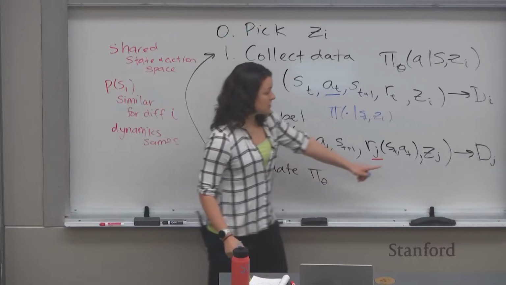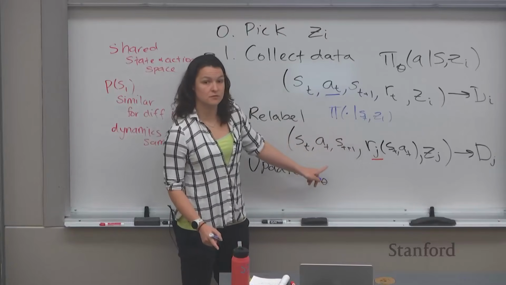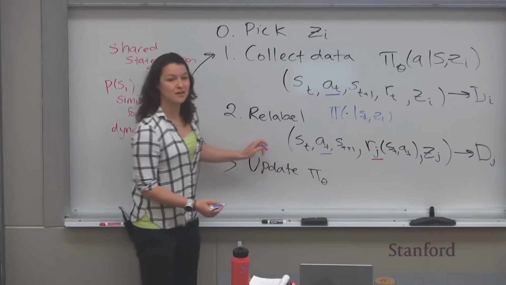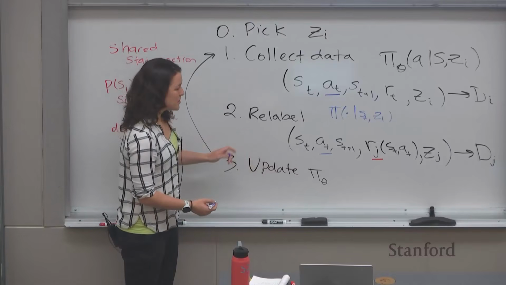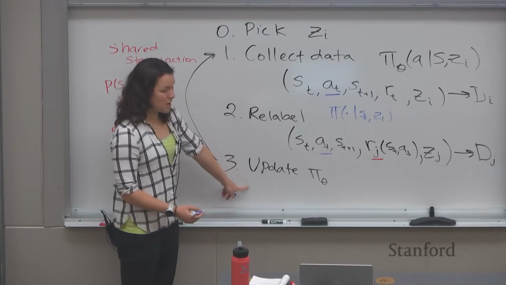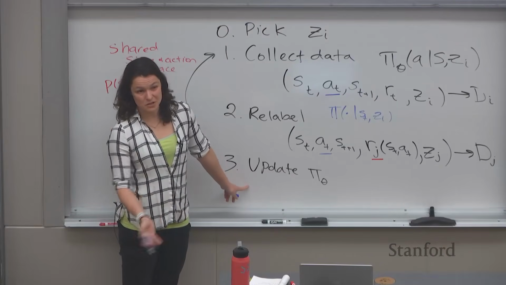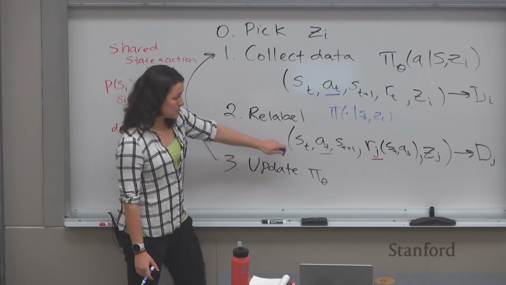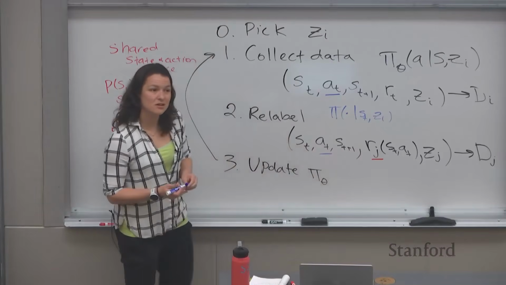And when conditioned on z_j, the policy might have done something different. And so this data that we're relabeling is going to be off-policy data. That means that when we're updating pi theta, we really need to be using an off-policy algorithm because this data is not following the policy conditioned on z_j.